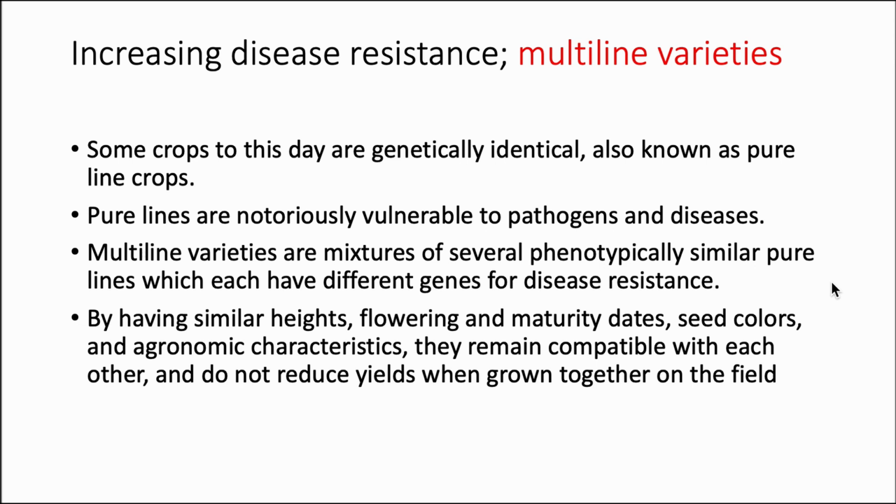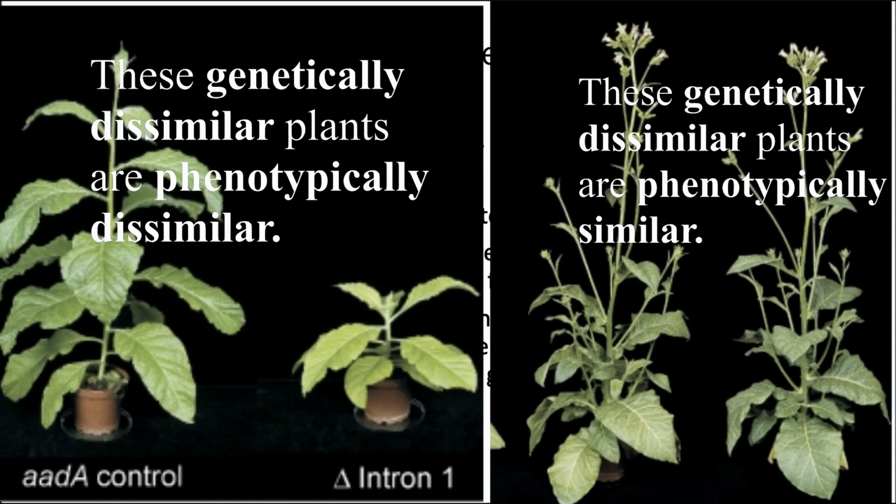And now what does that mean? Phenotype, plant phenotype, are the characteristics you see in a plant, right? So a short plant and a tall plant are phenotypically not the same. The characteristics of the short plant are it's short.